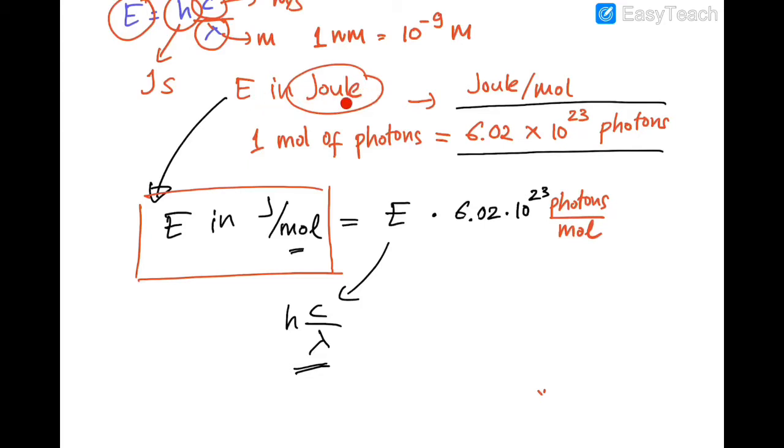This is the energy for each photon. If you want to find the energy in 1 mole, then you have to multiply it with, let me write it down for you to remember later, what we call the Avogadro's number. We will see more of this in the segments for the mole concept later in the lecture.